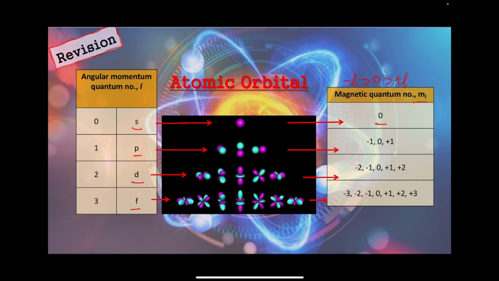When L is 1, the magnetic quantum number ML is negative 1, 0, positive 1. When L is 2, it goes negative 2, negative 1, 0, positive 1, and positive 2, and so on.